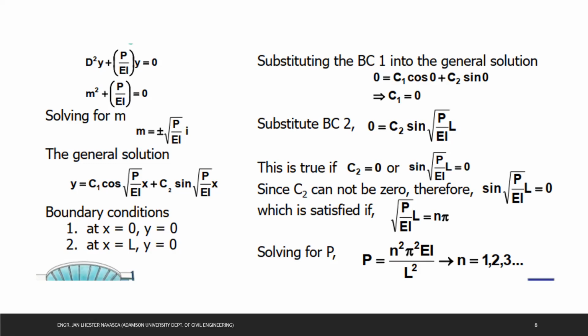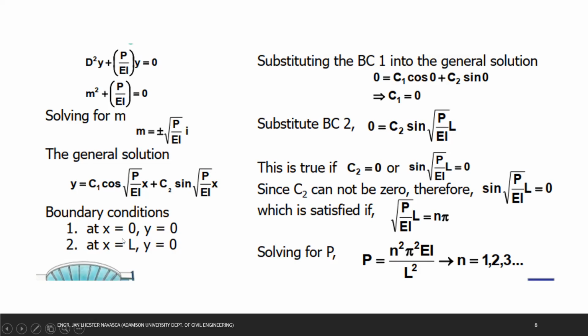Okay, so the general solution to this problem, since we have imaginary roots: if you recall differential equations with auxiliary equations, if you have imaginary roots, or a plus bi, you have a general solution, which is y equals c1 cosine square root of P over EI times x, which is basically your roots, plus c2 sine square root of P over EI times x.